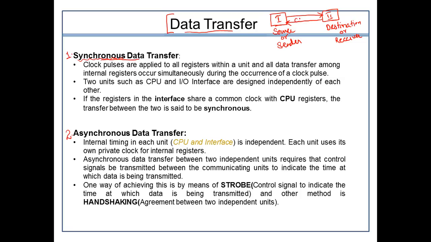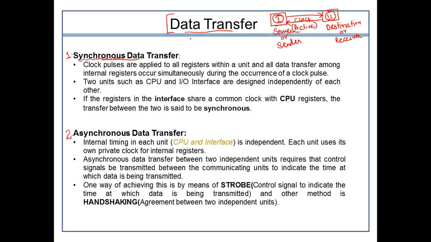There is a common clock pulse required between the sender and the receiver, or I should say both parties, sender and receiver, need to remain active. Only then can the data transfer take place. That means there should be a sync. The source knows it is sending the data, and the destination knows the data is coming, and that it has to be active and respond accordingly.